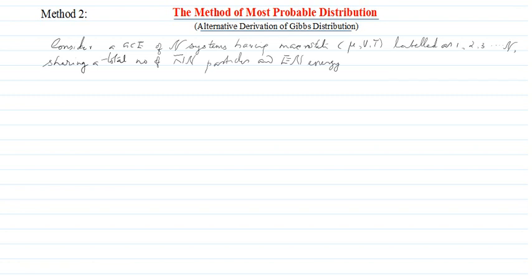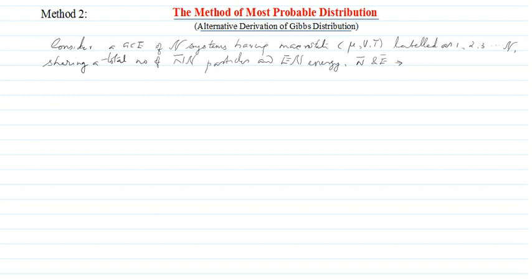I think I can understand what is this N bar and E bar, where N bar and E bar are the average energy per system of the particle and average number of particles in the system.